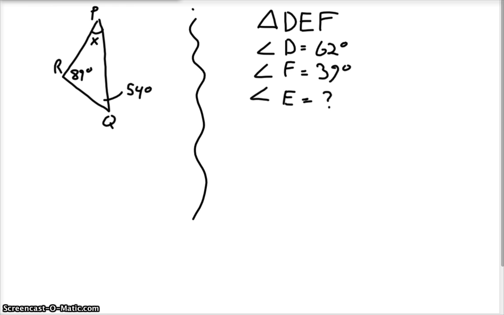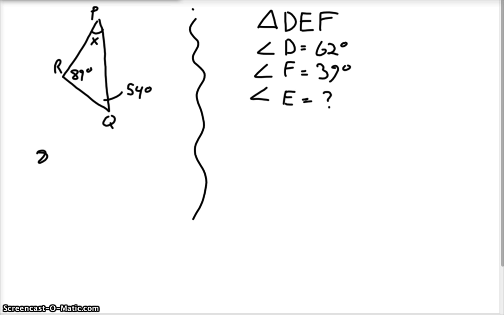So what do we do if we have a missing angle? So here we have the missing angle P. We know that our angle is labeled P, and we need to find X. So this is where we just set up a normal algebra problem. We take what we know and we try to solve what we don't know.